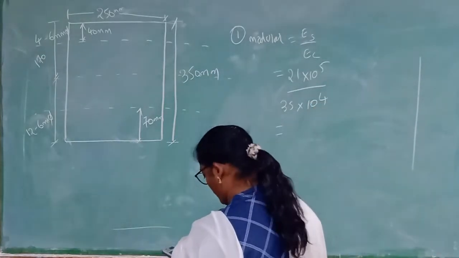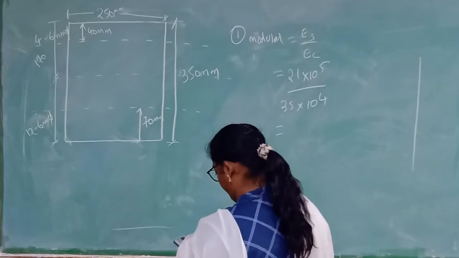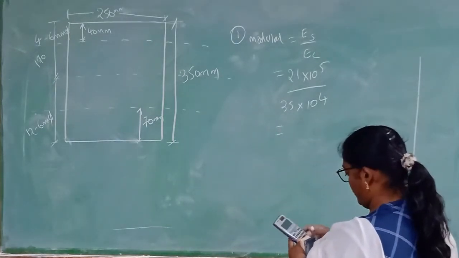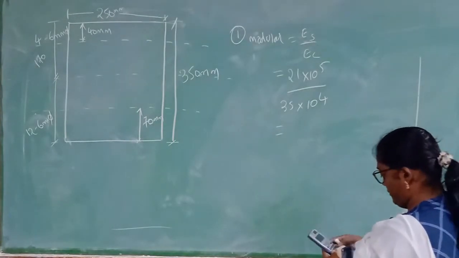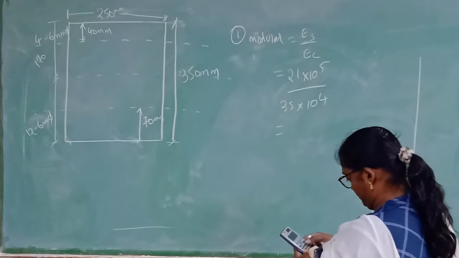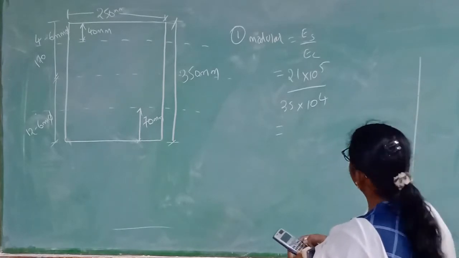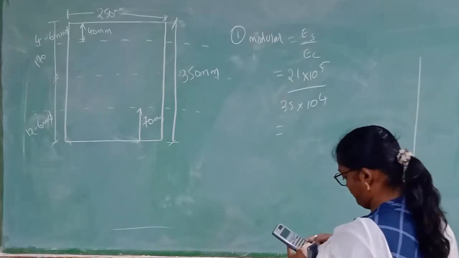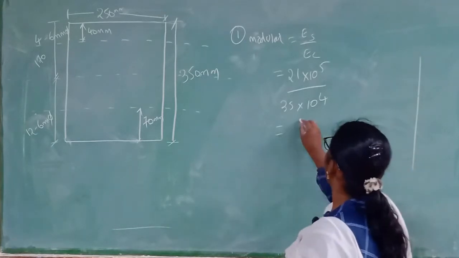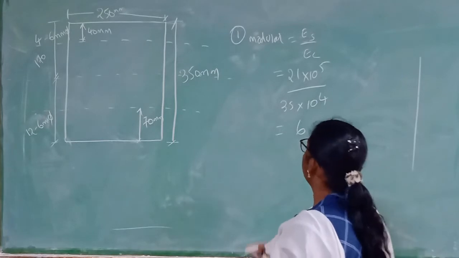So what will be the answer here? 2.1 into 10 to the power 5 divided by 3.5 into 10 to the power 4. Here you have got the value 6.